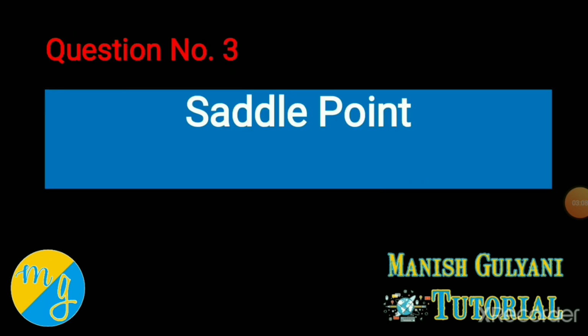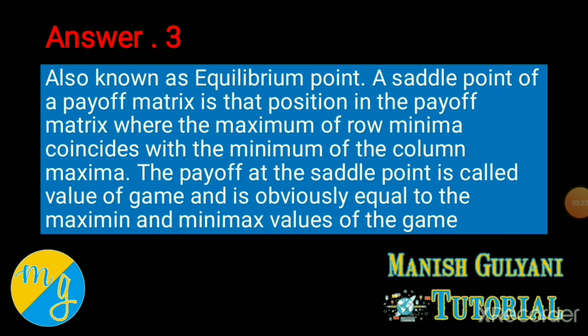Clear? Now the third question is saddle point. This term you have also heard in theory of game chapter. What is saddle point? First of all, saddle point is also known as optimum point, equilibrium point. Now what is saddle point? Saddle point simply means where the gain of one player is equal to loss of another player.